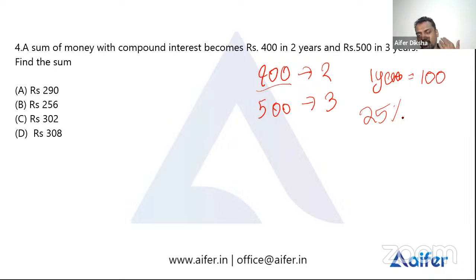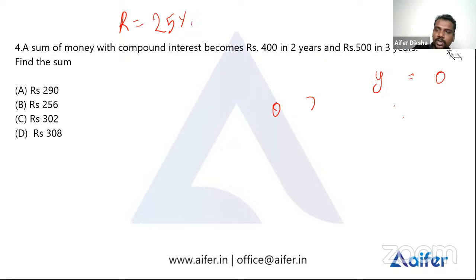We just find, 100 is what percentage of 400? So 25. We have the rate of interest as 25%. I hope it's clear.